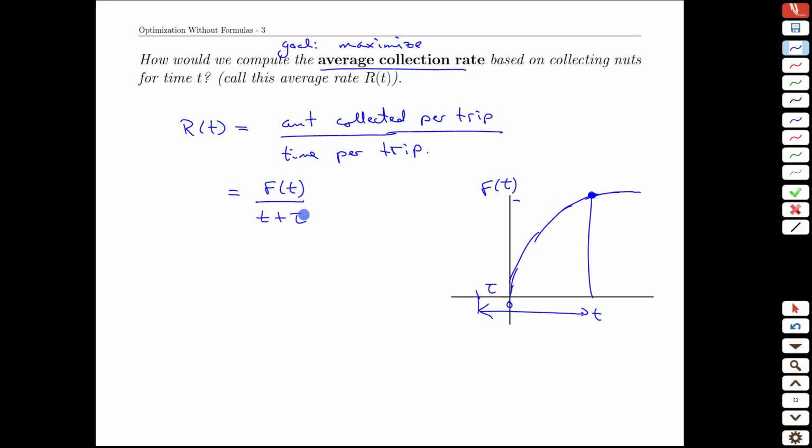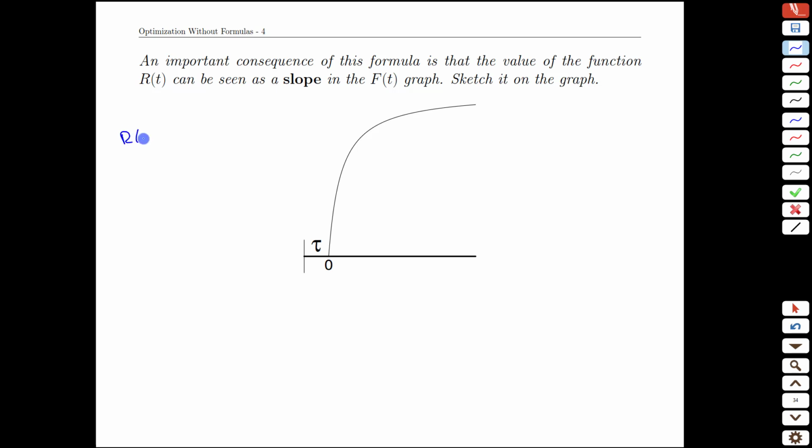Now this is an interesting function. It's the kind of thing we've seen before because it looks like a ratio of y values to x values, or vertical values to horizontal values. That should ring some bells from earlier in the course. Taking a look at that r of t function again, f of t over t plus tau, here we're given the explicit hint that we could be looking at that as a slope.